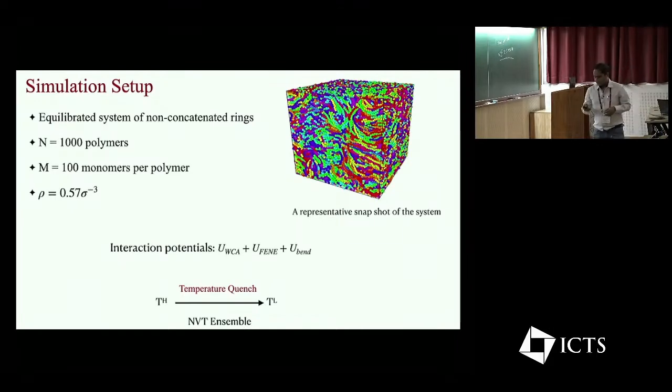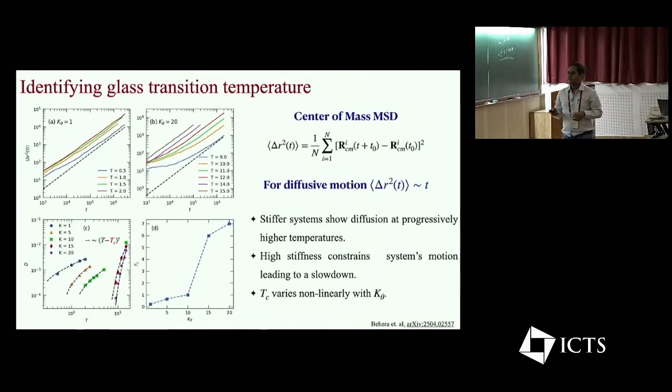The first thing is that we want to identify the glass transition temperature, specifically the temperature versus k theta phase diagram. For each k theta, we quench the temperature and plot the MSDs, from which we extract the diffusion coefficients and plot them against the temperature.